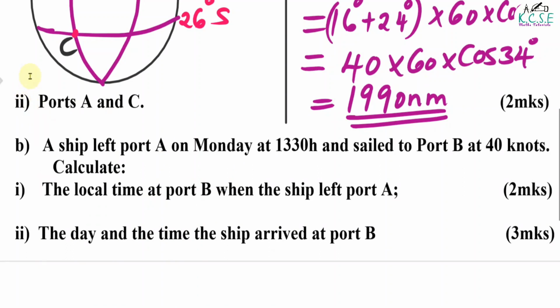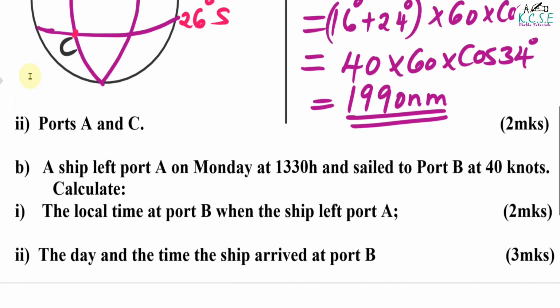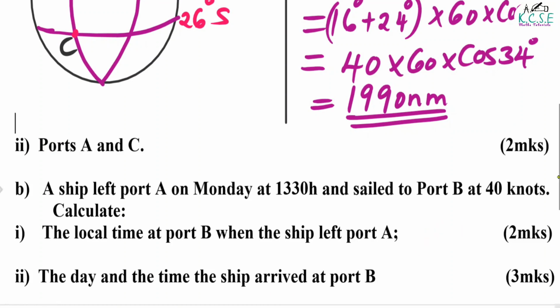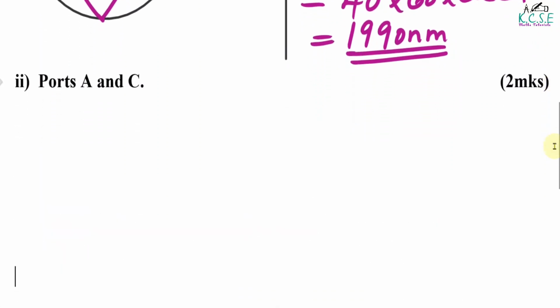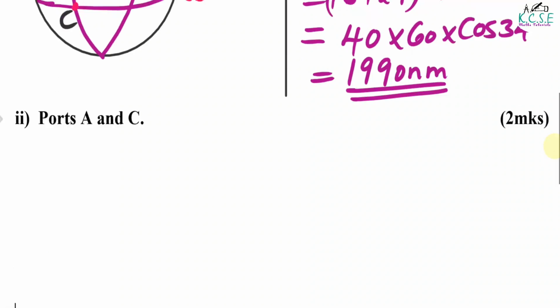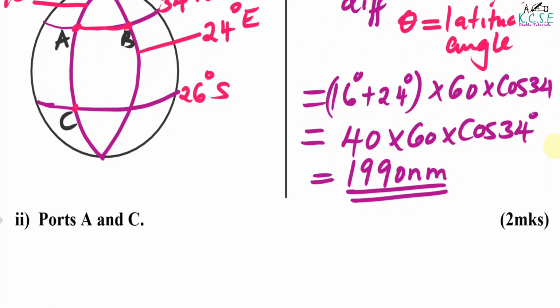Now the second part of the question: we're required to get the distance between ports A and C. When you look at this arc, port A and C, that is the distance. Sorry for drawing this badly.